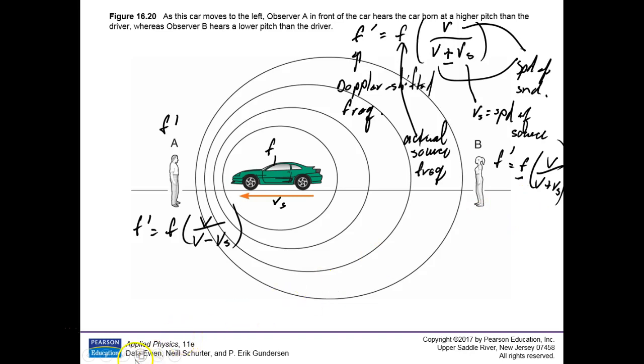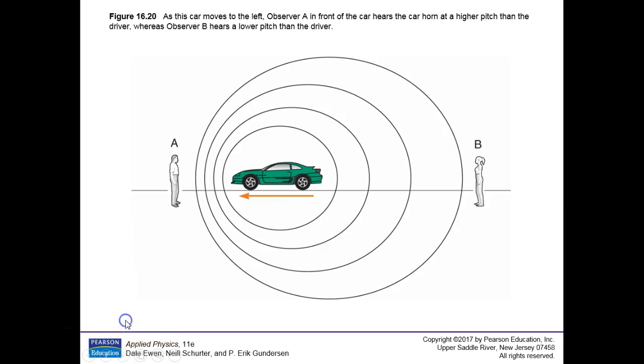Hopefully you'll remember what the convention says to do. An automobile sounds its horn while passing an observer at 25 meters per second. So what would that be? 25 meters per second, in the terms that we just had on there.